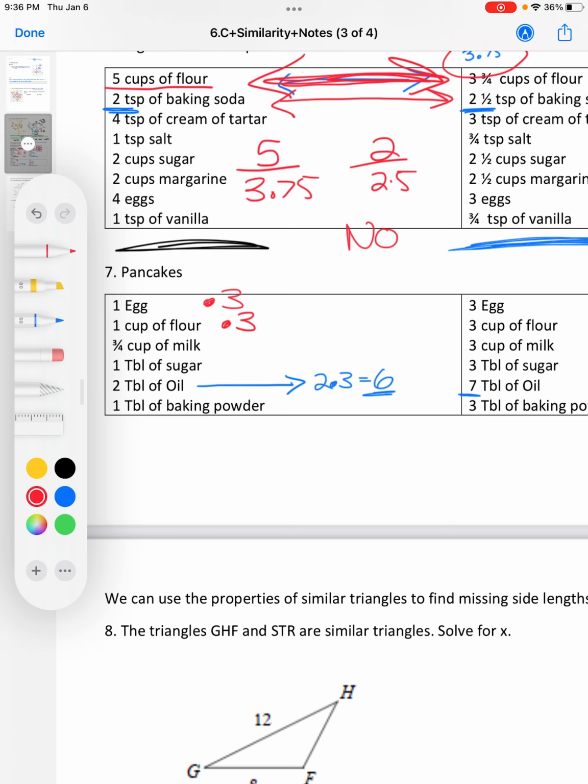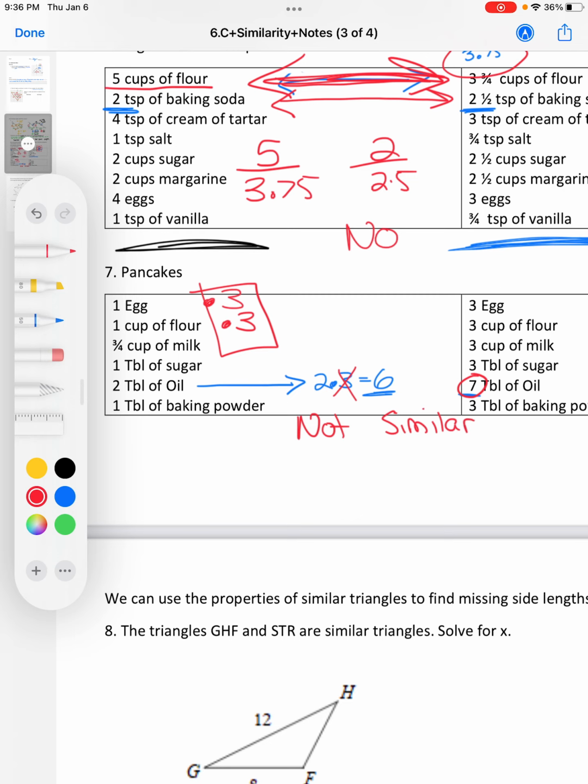I would have to times by something different than 3 to get 7. So, remember, all of these have to be the same. We have to times by the same number every single time for it to be similar. Since we're not doing that, it is also not similar. Okay, they're both not similar.